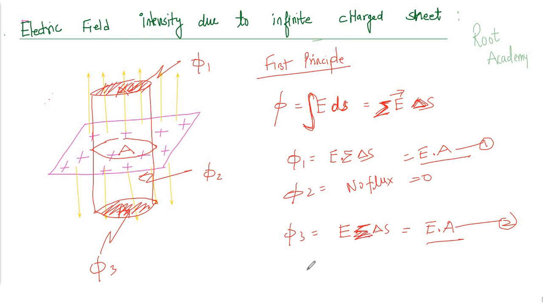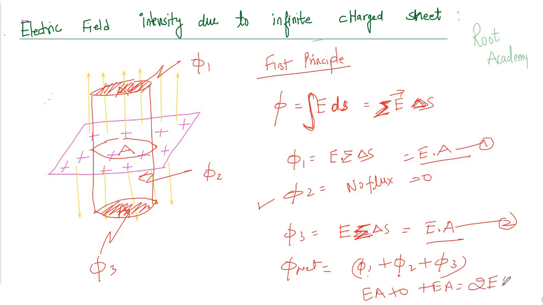Understood? So what is the phi net? Total flux will be phi 1 plus phi 2 plus phi 3. Phi 2 is 0. But phi 1 is EA, plus 0, plus EA, which is nothing but 2EA.